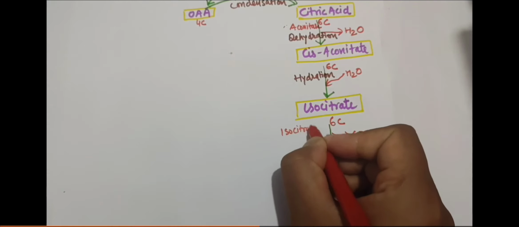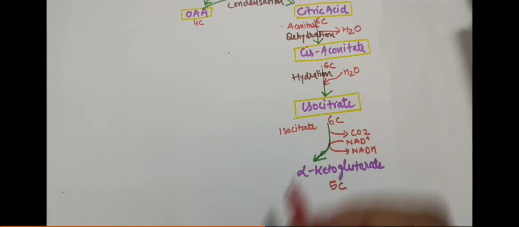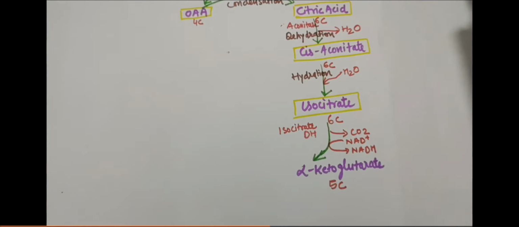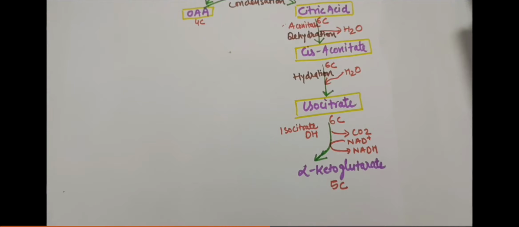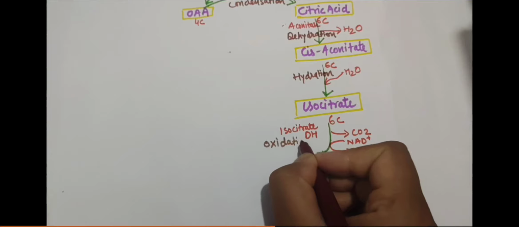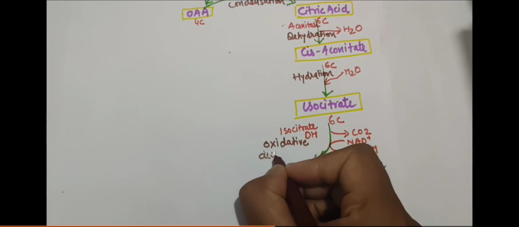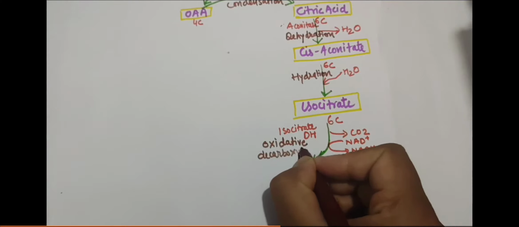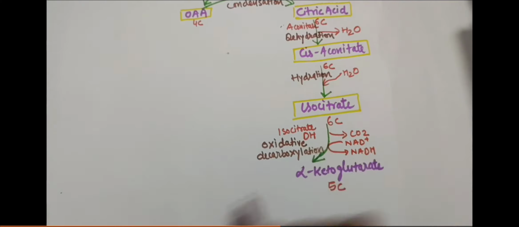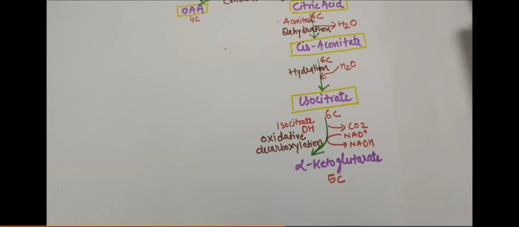The enzyme that catalyzes the reaction is isocitrate dehydrogenase, and this step is known as oxidative decarboxylation, as CO2 is released here and there is a reduction of carbon.